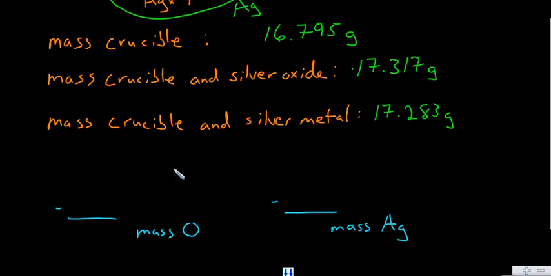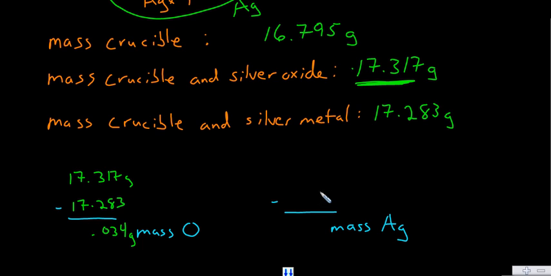So the mass of the oxygen, again, is the difference between the mass of the crucible and silver oxide and the mass of the crucible and silver metal. And so find the difference between these. So 17.317 grams minus 17.283. So the difference between those is 0.034 grams.